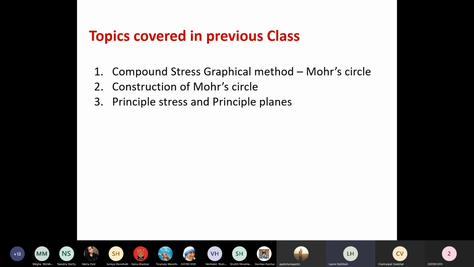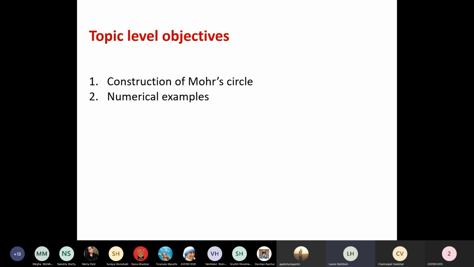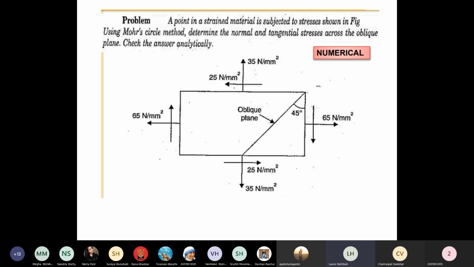In this class, we'll continue the Mohr circle, but we shall see the numerical examples. So let me continue with the numerical examples. Is the slide visible to you all?